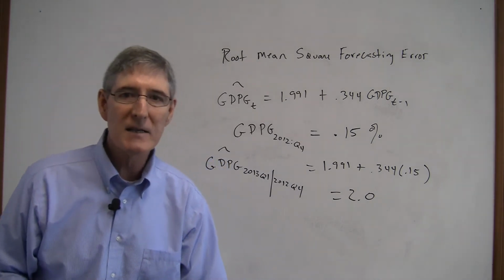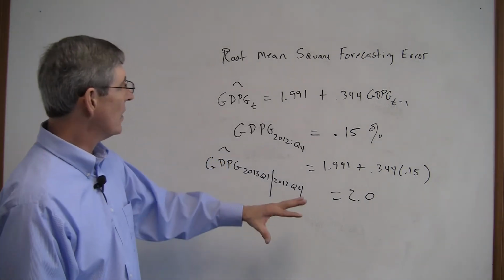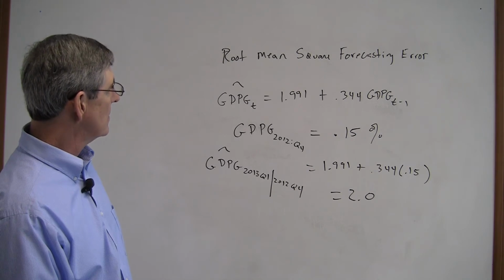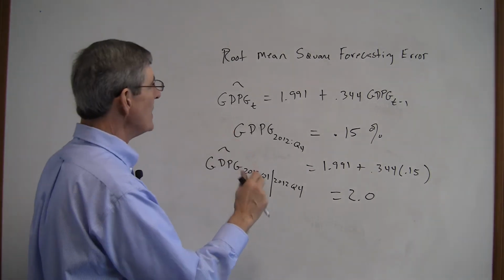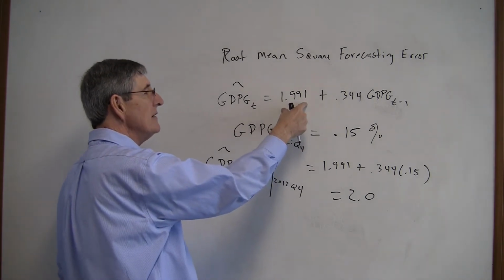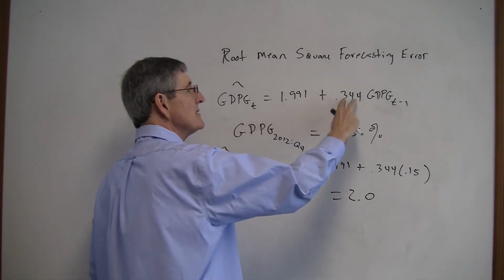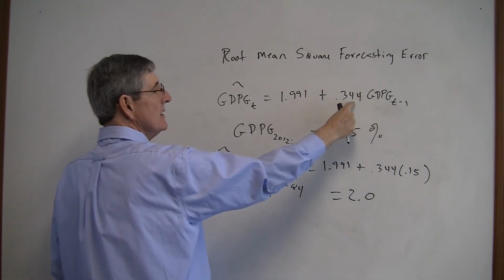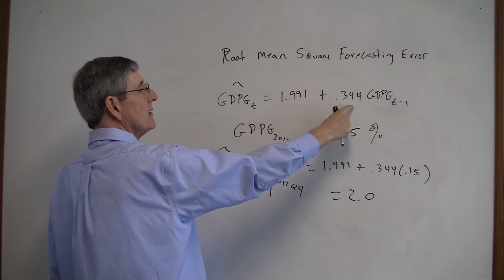So your forecast would be a 2% growth rate. Basically, your forecast is always going to be 1.991 plus some fraction of what happened yesterday. This is the serial correlation, the persistence part.